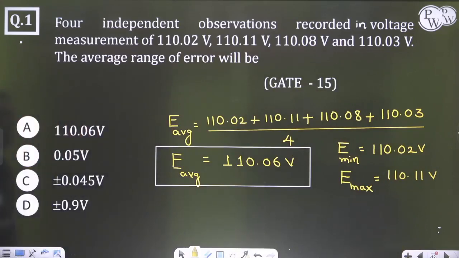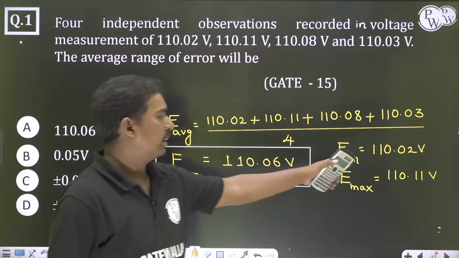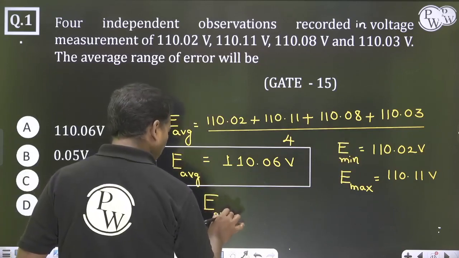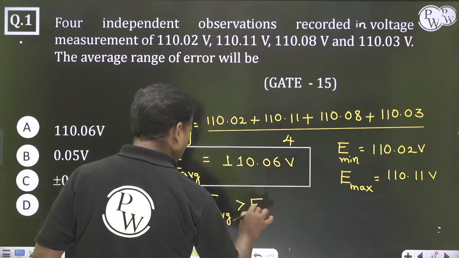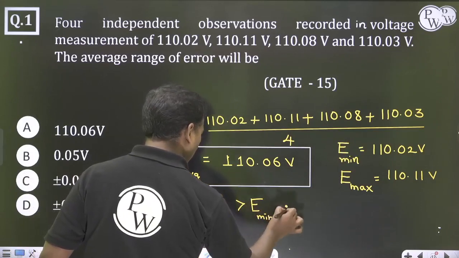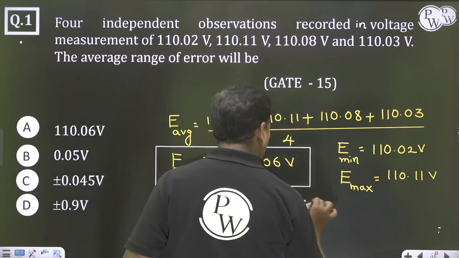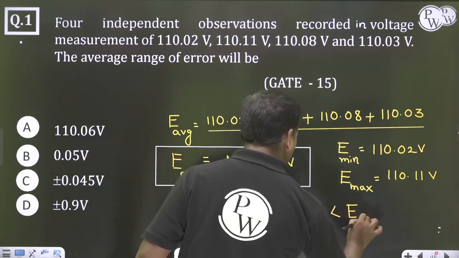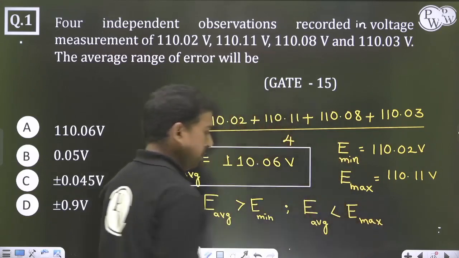Okay, so E average is greater than the E minimum. Please make a note of this point. E average will be greater definitely than the minimum voltage, and E average will be lesser than the maximum.